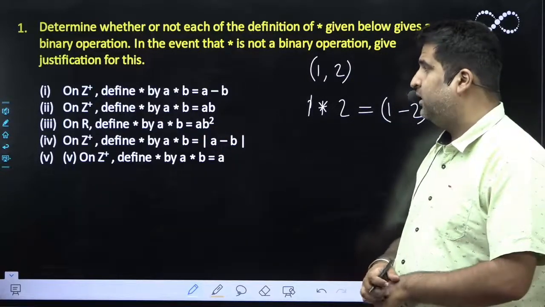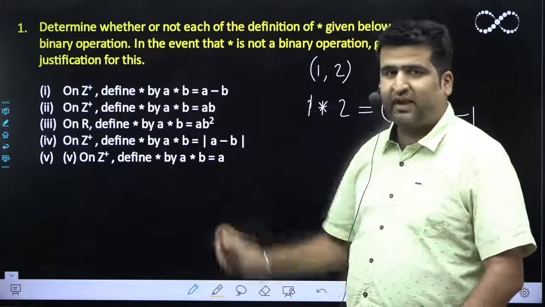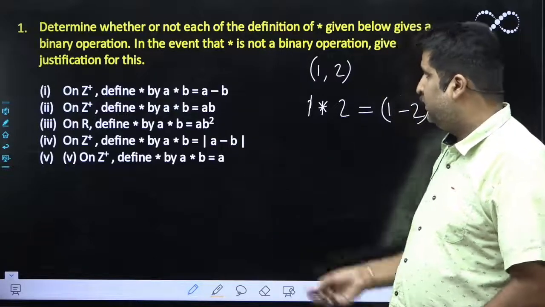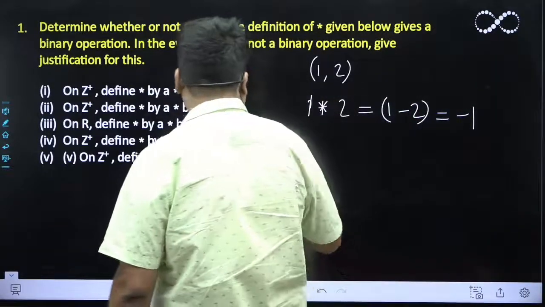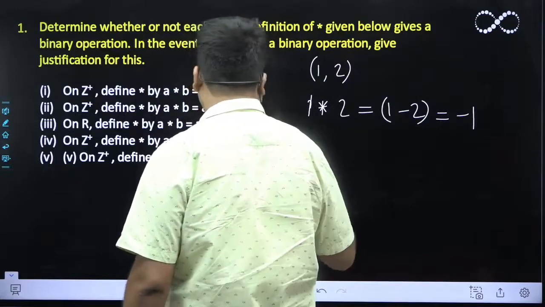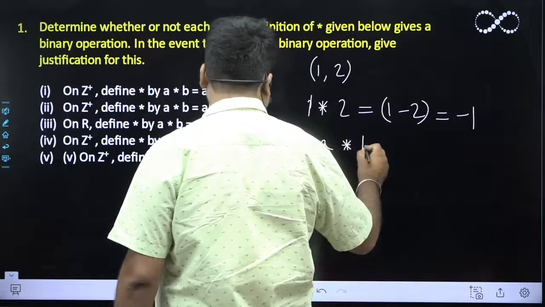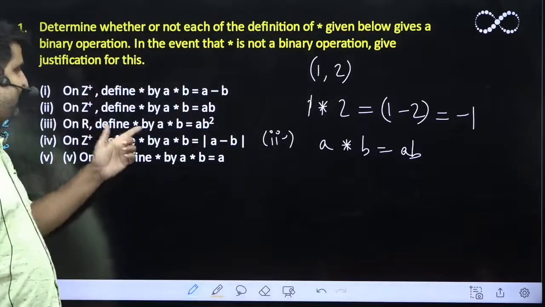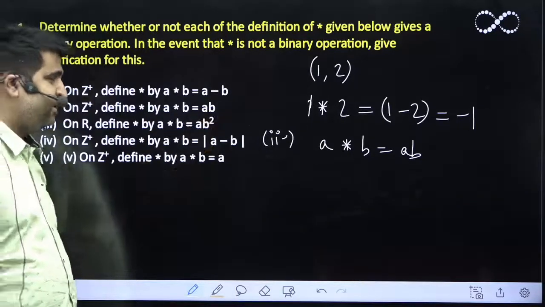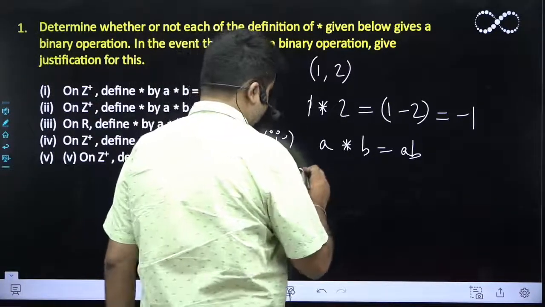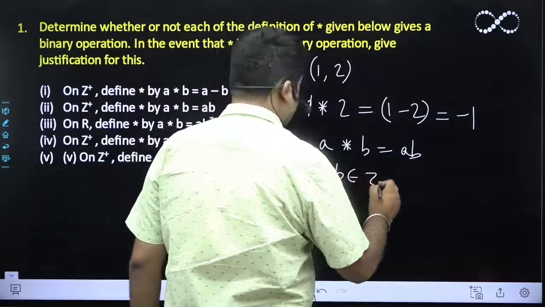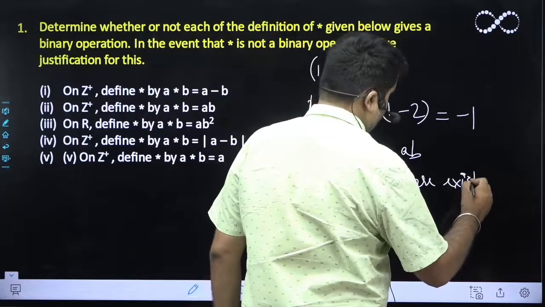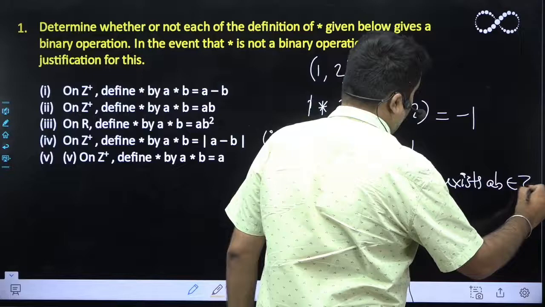So that's how we check whether each star is a binary operation or not. We take examples, or if we can prove otherwise, we'll see that way. So let's see the second example. A star B is equal to AB. Now this is very simple. If we have Z plus, A star B is equal to AB, for A, B belonging to Z plus, there exists AB also in Z plus.